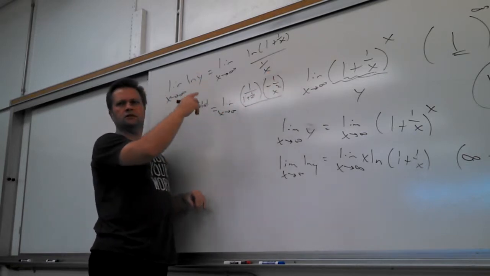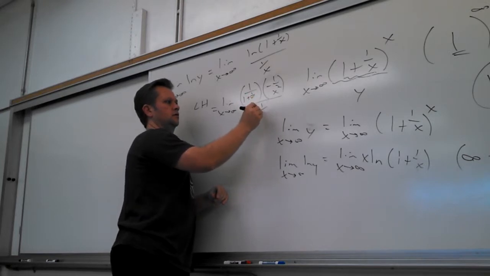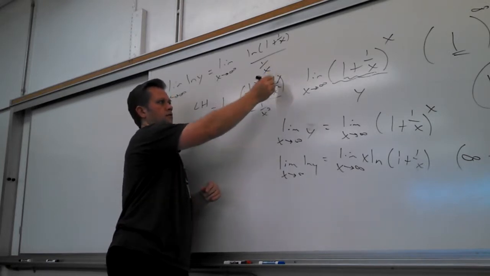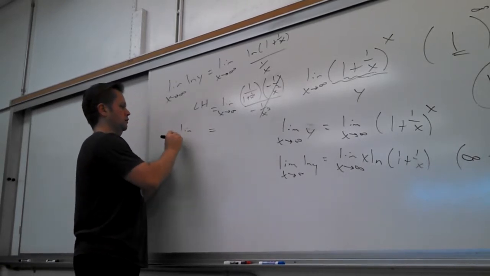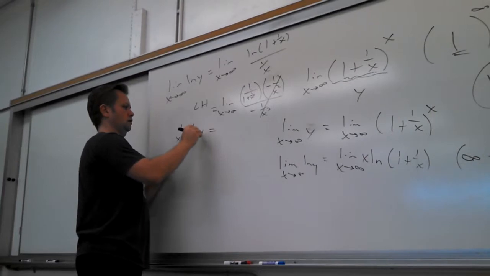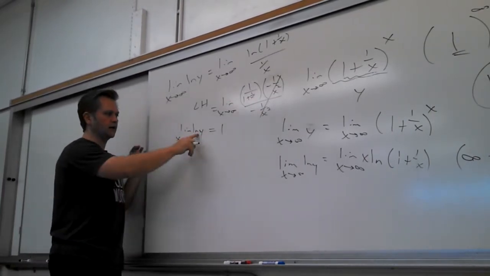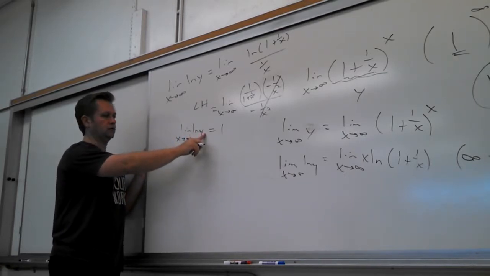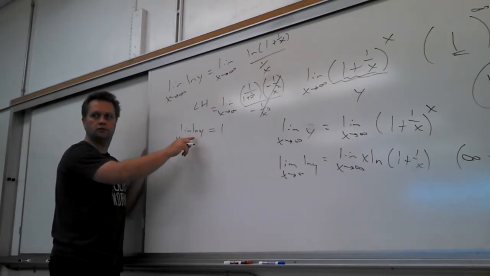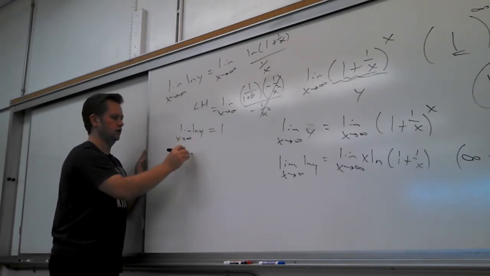And then the bottom is 1 over x squared. So that limit is 1. But I got the answer for the limit of ln of y. How do I get the answer for the limit of y? How do I kill ln? e.